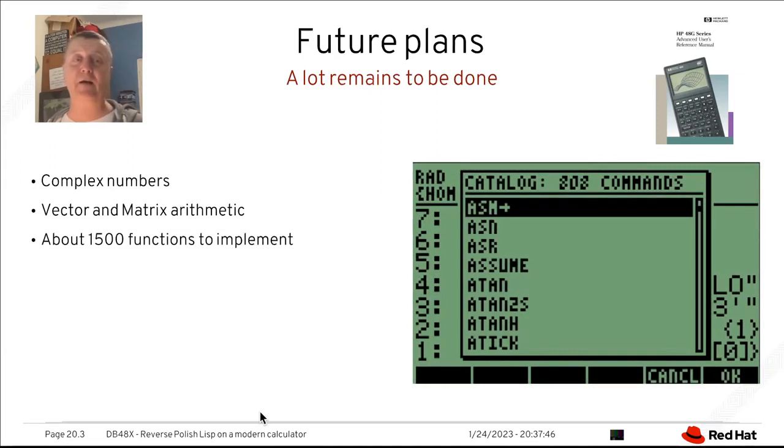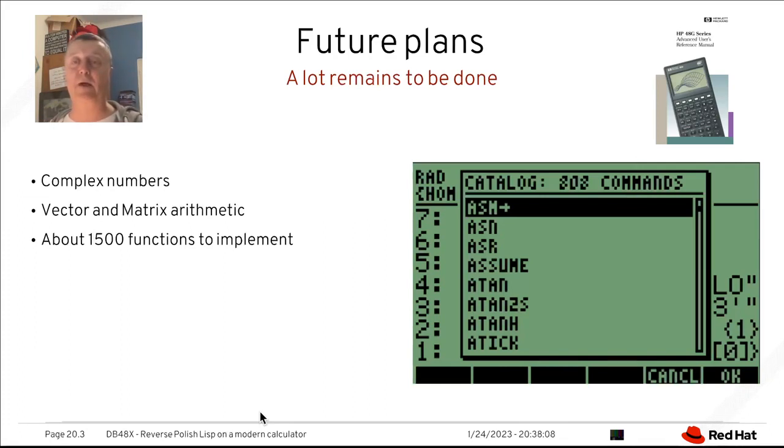As I said, there are about 1,500 functions that remain to be implemented in some way, including variants. So for instance, the sine, cosine functions, all the trigonometrics are implemented for real numbers, but they are not implemented for complex numbers yet, or for other data types.